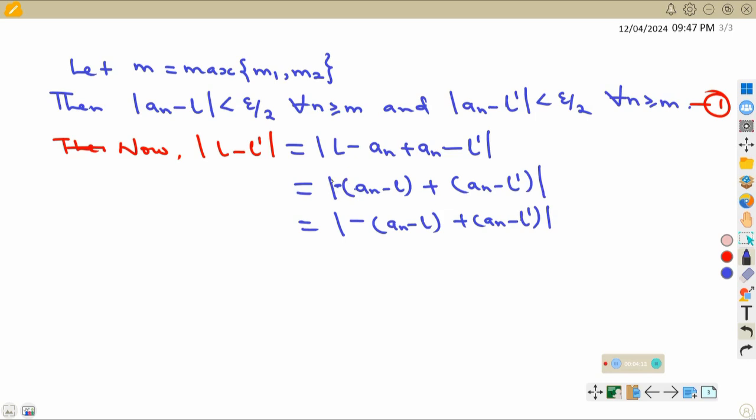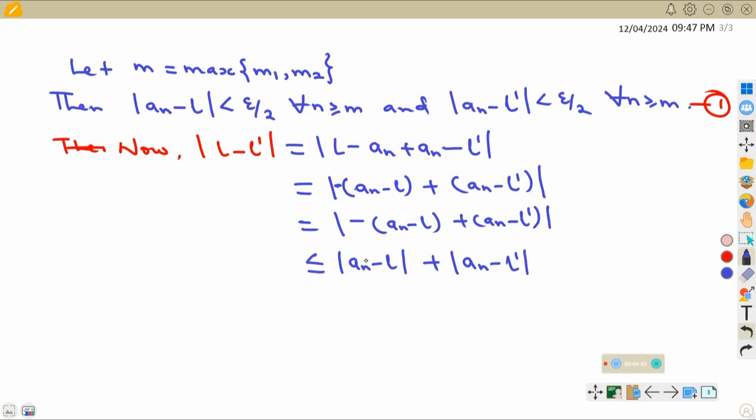So clearly these two are the same, but I will introduce what we call the triangle inequality. This will be less than or equal to the absolute value of a_n minus L plus the magnitude of a_n minus L prime.